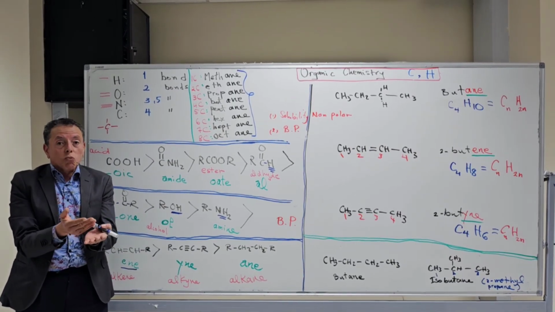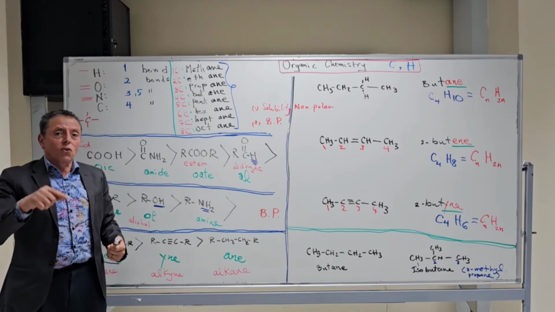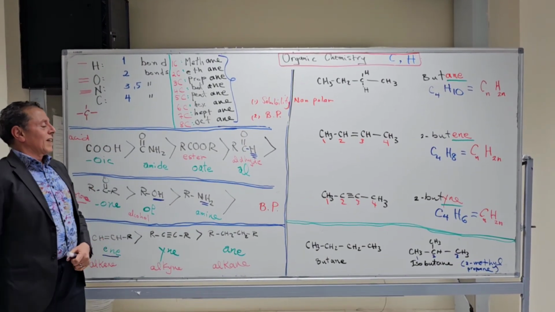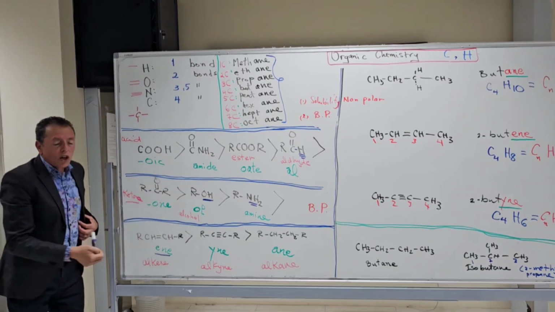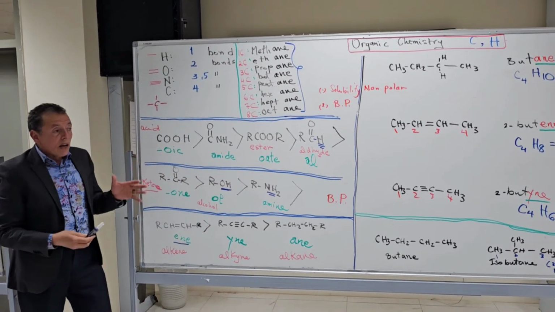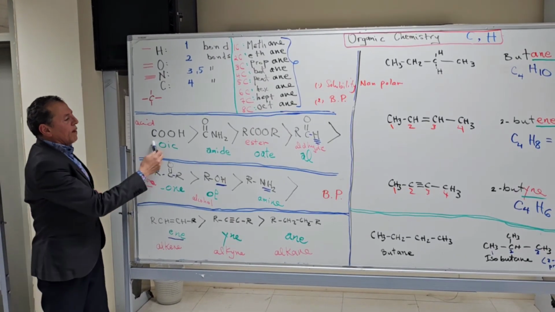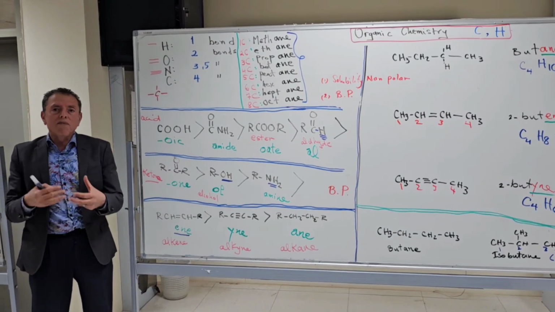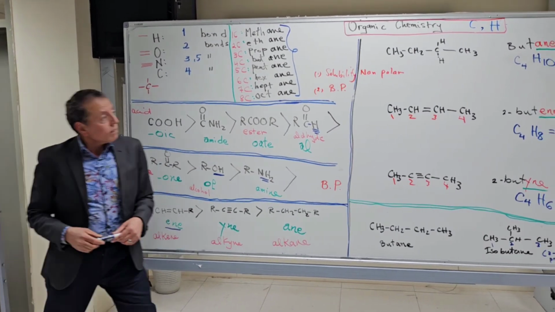It changes at 100 degrees, which is the boiling point, from liquid to vapor. What is the effect of the functional group? The functional group affects chemical reactions dramatically. That's why when you have a functional group, it has priority in nomenclature, which I will show you.